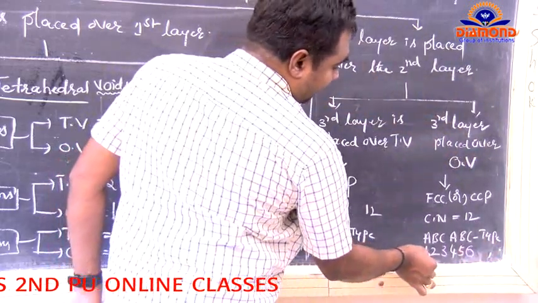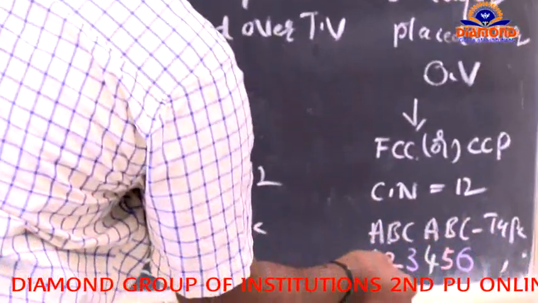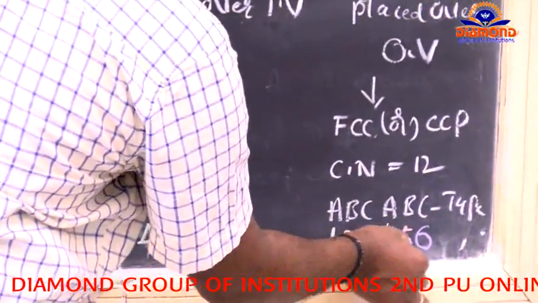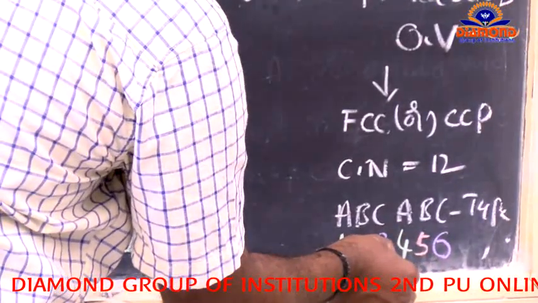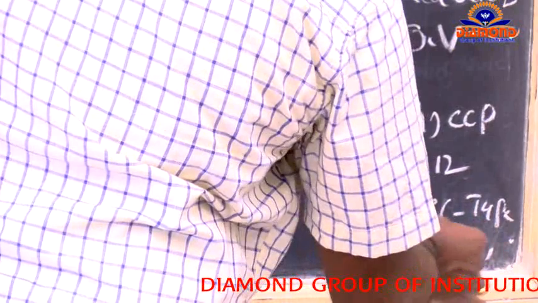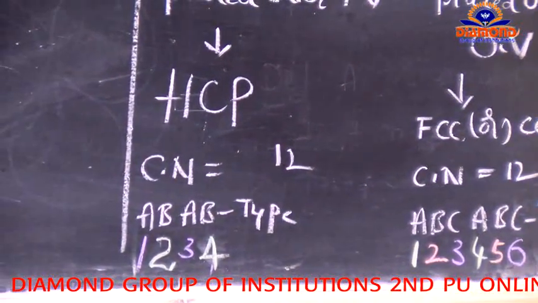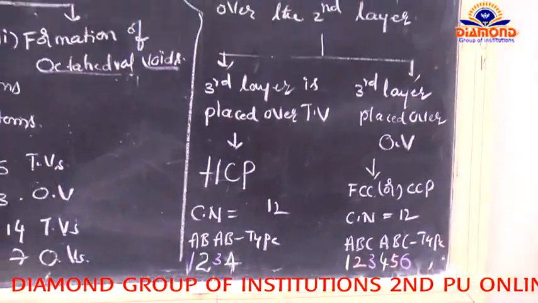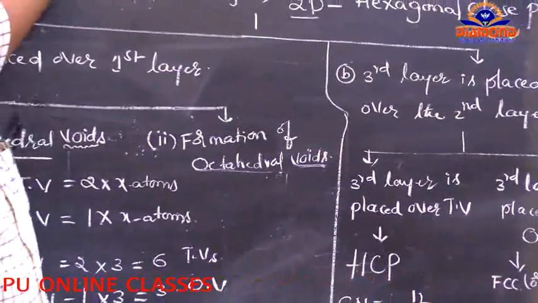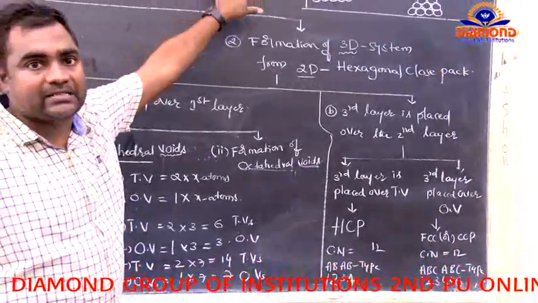So here 1 is similar to 4, the second is similar to 5, and the third is similar to 6. It belongs to ABC type of arrangement. So these are the total close packing systems in 1-dimensional, 2-dimensional and 3-dimensional systems.